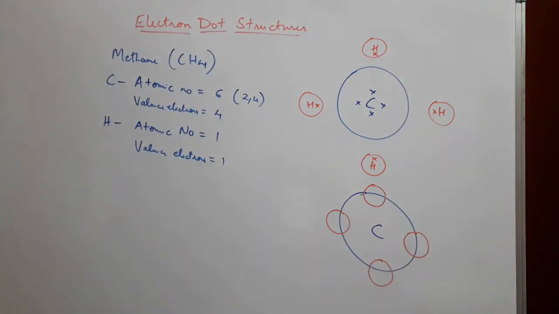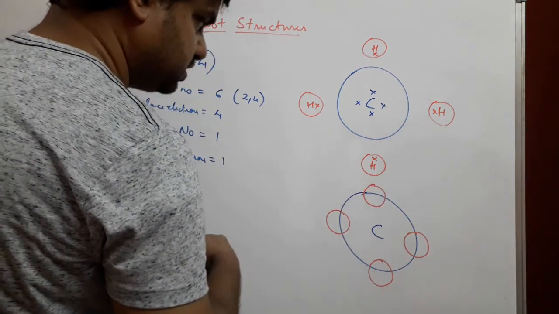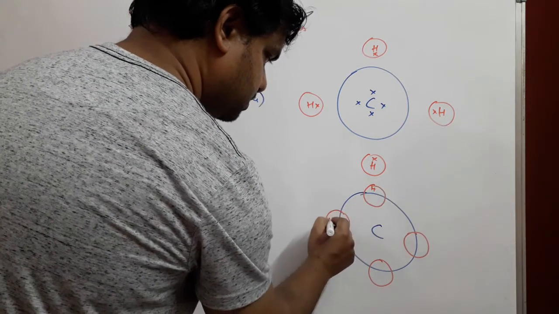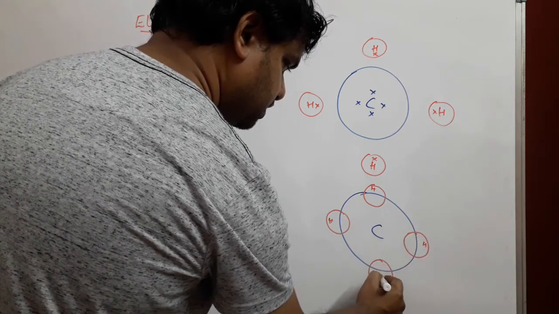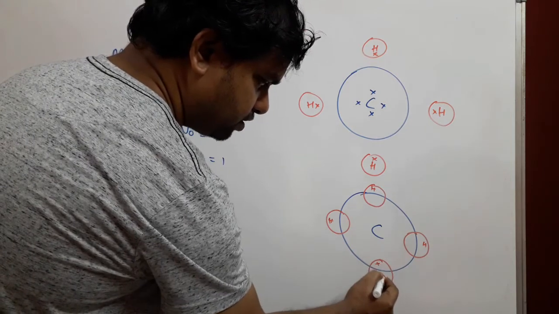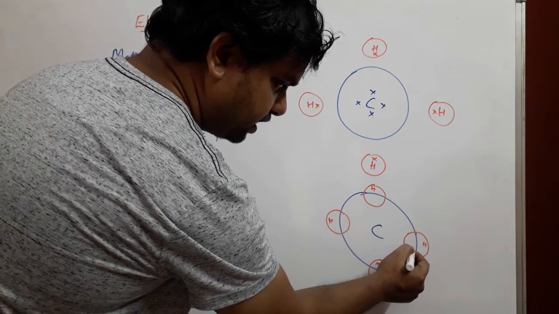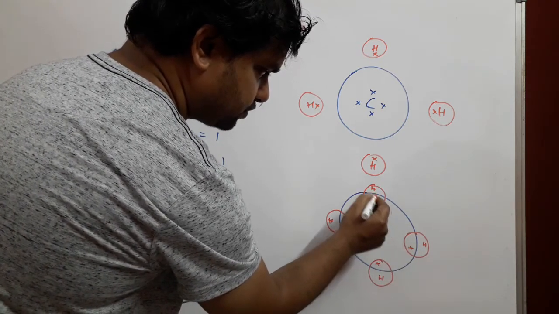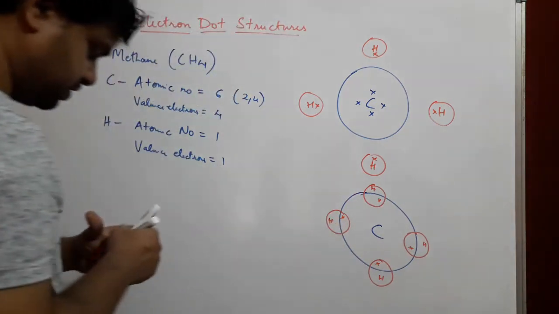In the region where they are shared, we'll put 1 electron over here: this electron coming from this hydrogen atom, this electron from this hydrogen atom, this one from this hydrogen atom, and this one from this hydrogen atom.